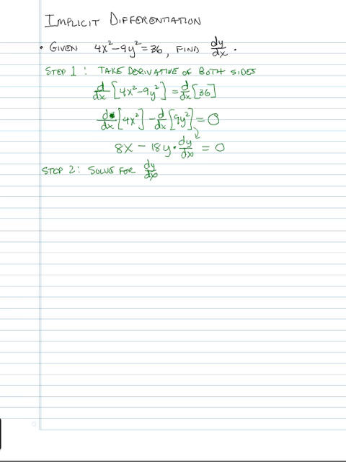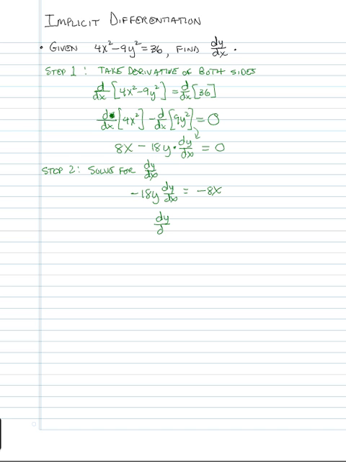And so to solve that equation that we have above for dy dx, we need to subtract the 8x on both sides. So we'll end up with negative 18y dy over dx is equal to negative 8x when we subtract 8x from both sides. And then lastly, we need to divide out the negative 18y, don't we?